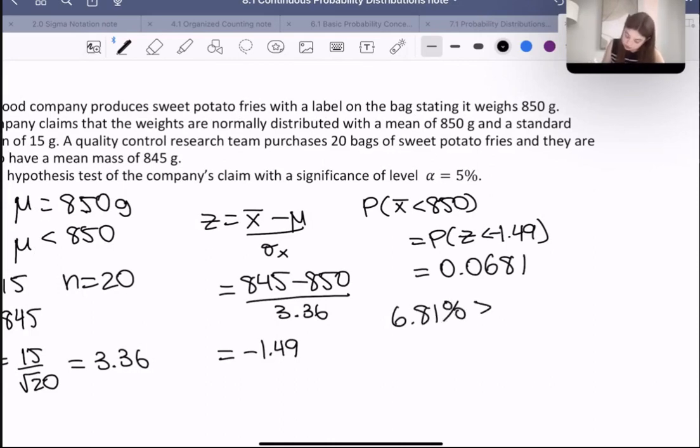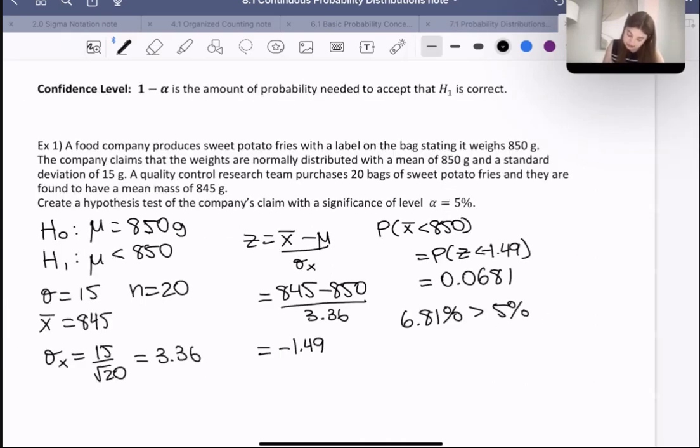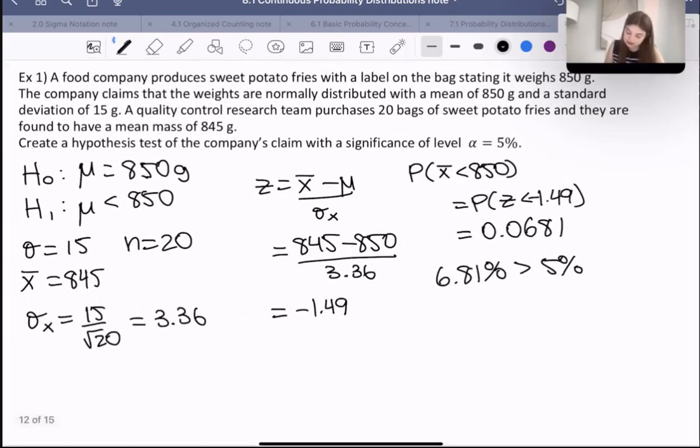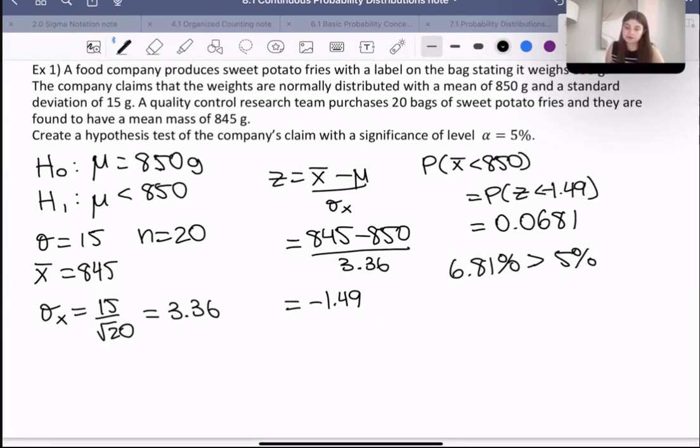Now that is greater than 5%, and it said that we're testing this claim with a 5% significance level. So we're going to see, is there 5% certainty, or 5% confidence, we could say, that this is going to be the case, or no. And as it turns out, our probability of 6.81% is greater than 5%.